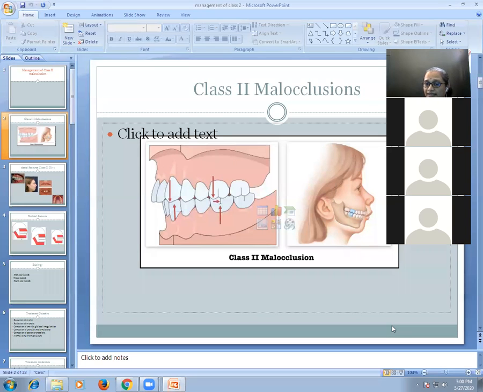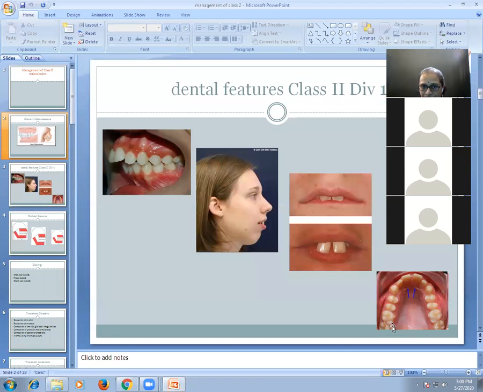As upper incisors are proclined, the patient is unable to seal the lips. Convex profile. Then the upper lip will be short. Retrognathic mandible, convex profile. So this is the basic identification of class 2 malocclusion.